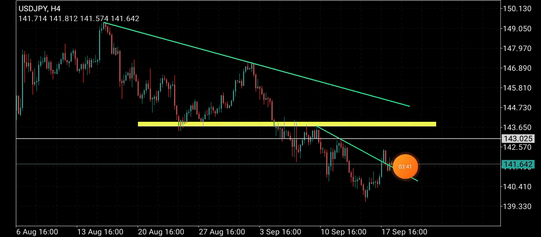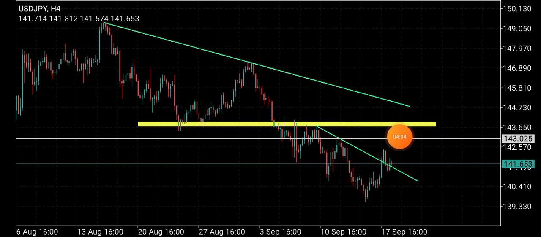So I expect if price breaks this zone, comes to 143.025 and breaks it and closes above, then price will come up, and when it comes up, it will retest this particular zone and give us a third touch, or it will come back again to retest this flip zone, and then it will now drop.